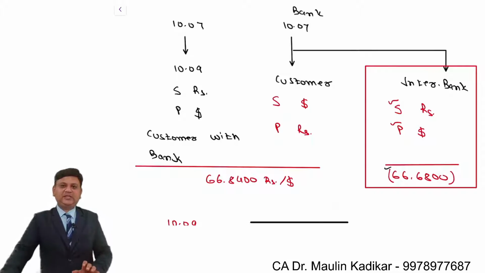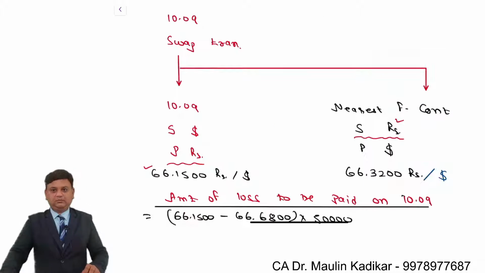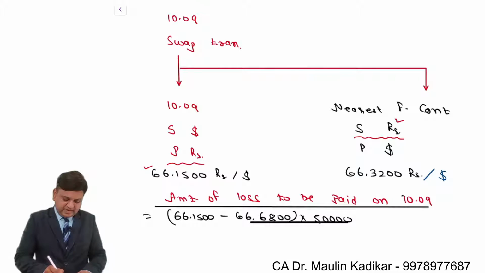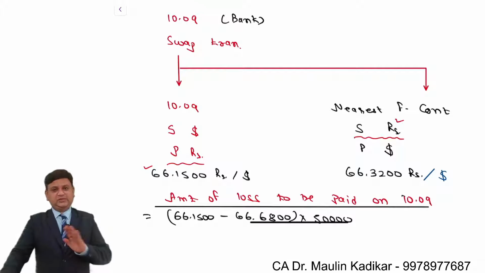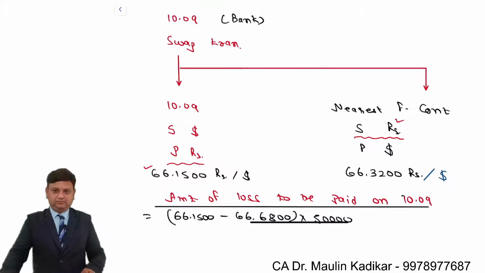Let us take this first initial transaction. The date of the transaction is 10th of September. Of course, bank transaction. Because on 10th of September, customer does not come. So these are the transactions in which the bank is entering into. No explanation is required to be given, only answer is required to be given.